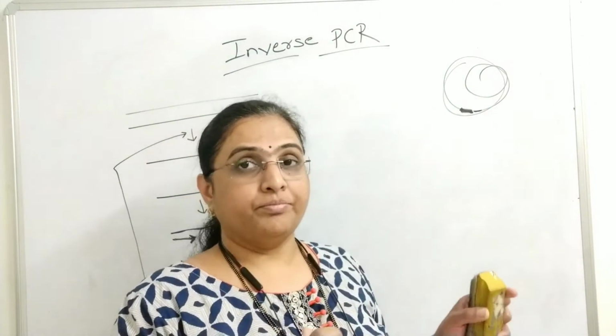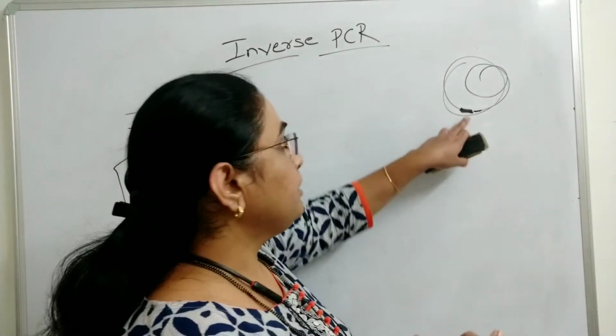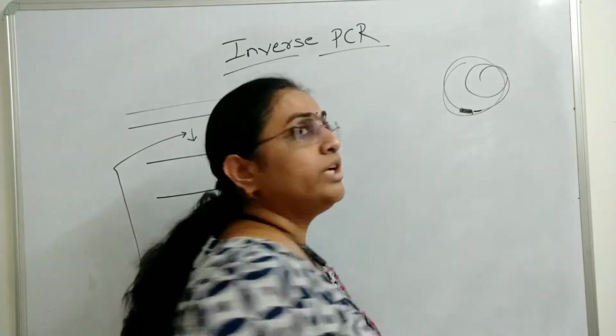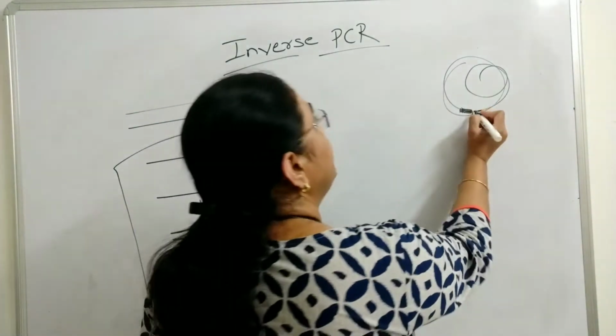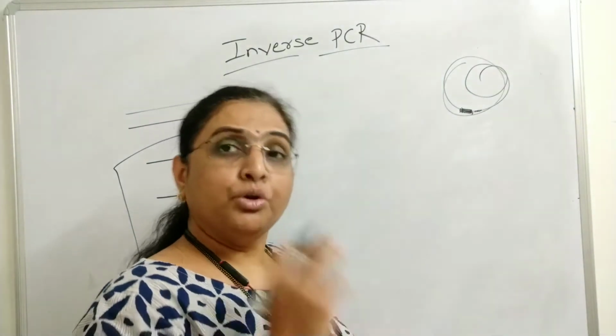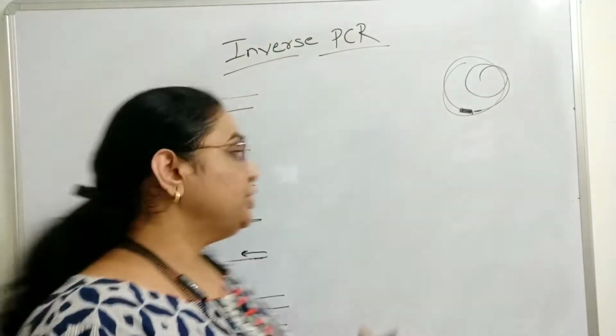So here, when you have to amplify these unknown DNA sequences, near about there should be a known DNA sequence so that you can design this primer.